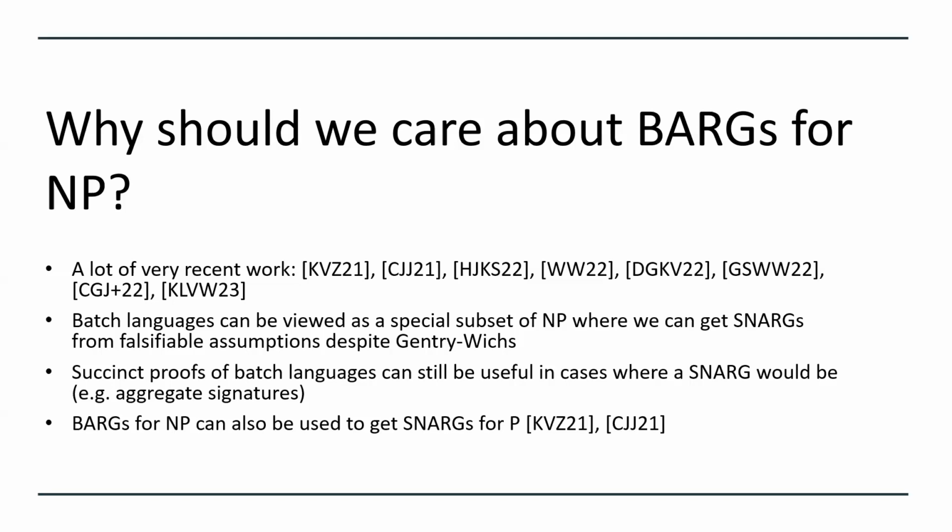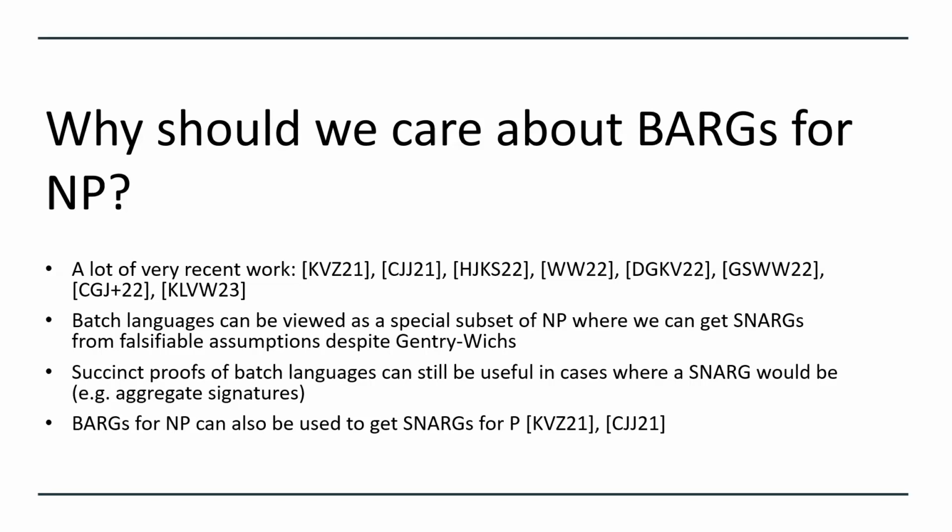Additionally, batch arguments themselves are useful, like if we have a succinct proof of them, this is useful for things like aggregate signatures. And furthermore, it can actually be shown that BARGs for NP imply SNARGs for P. So the batch requirement is not too restrictive if we are willing to go from NP down to P.